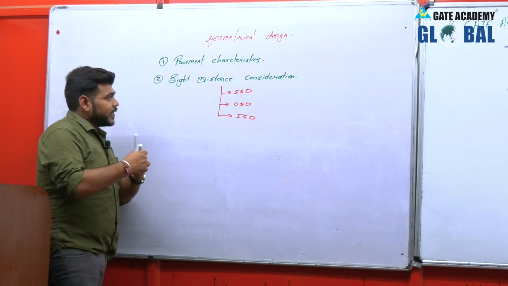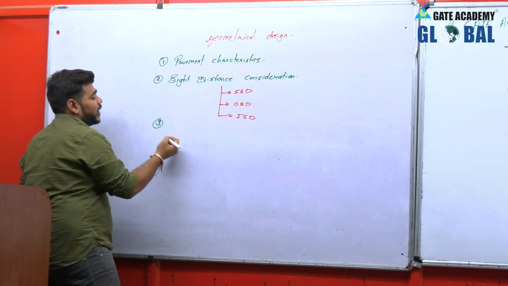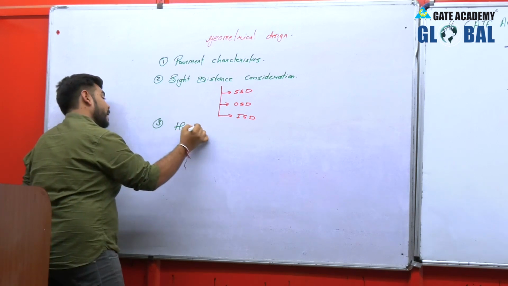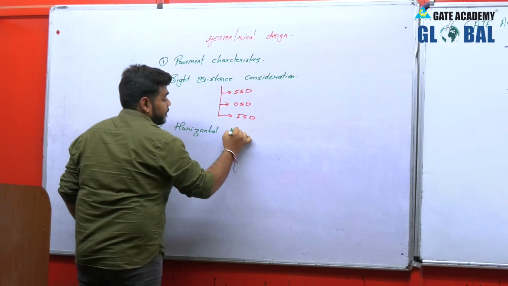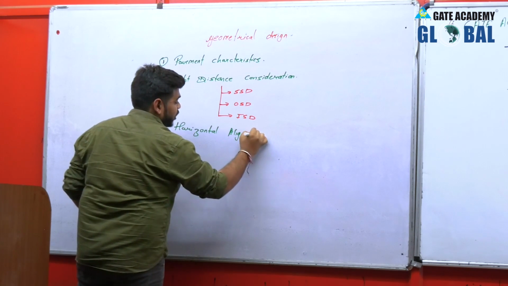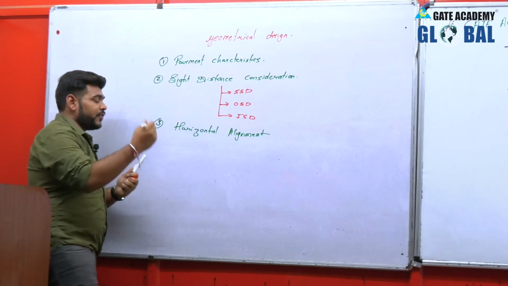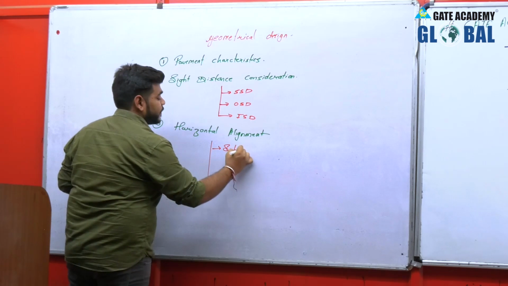After sight distance, the third part of geometrical design is horizontal alignment. In horizontal alignment, the important terms we are going to discuss are, first, super elevation.